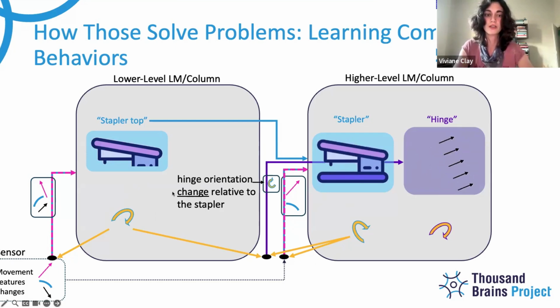But now that it is changing, this error goes into the behavior model reference frame. So now we lay down that change as a point in that reference frame. This high-level hinge behavior, or whatever you would call it, represents the sequence of changes in relative orientations between the stapler and the stapler top.